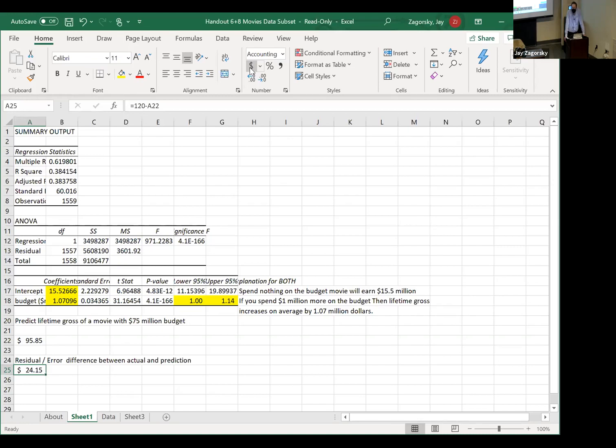The model came up with 96. True was 120. Is this an underprediction by the model or an overprediction? Underpredict. Exactly right. So that would be an underprediction by a fair amount of money, about $24 million.